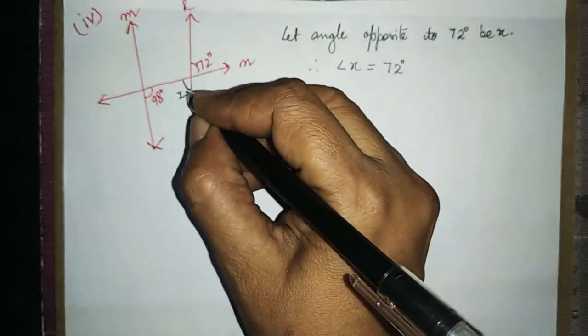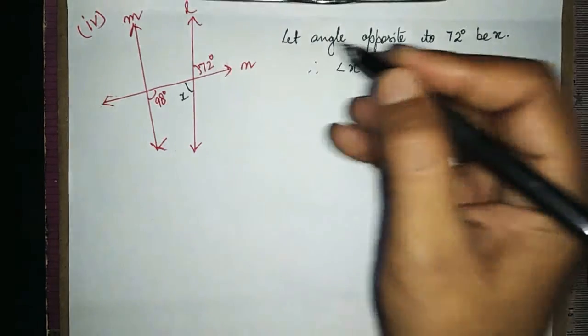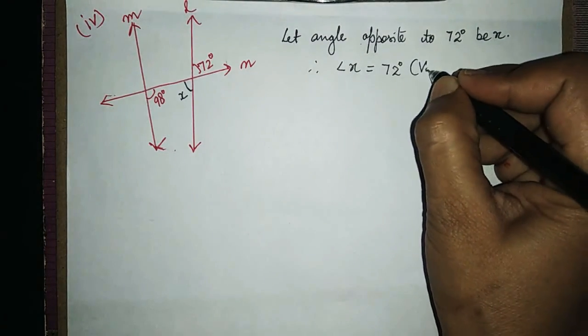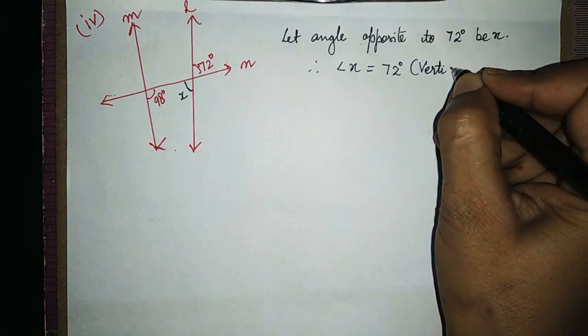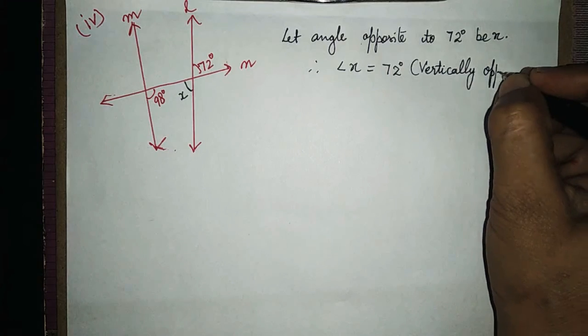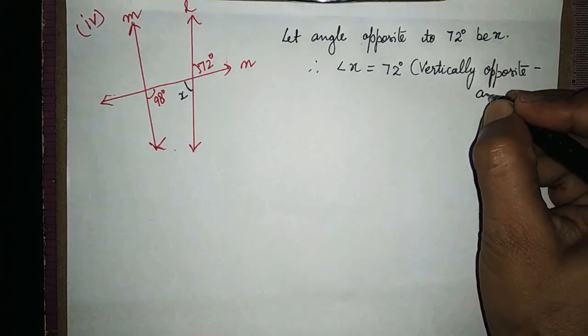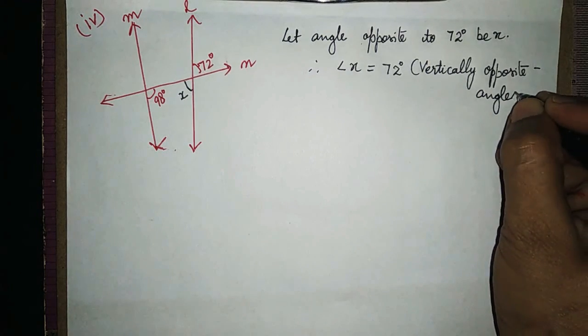Why angle X is equal to 72 degree? Because X and 72 degree, they are vertically opposite angles, and vertically opposite angles are equal. So here we will write vertically opposite angles.